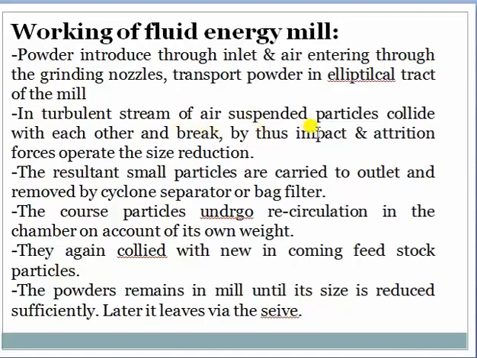Thus, impact and attrition force operate the size reduction. The resultant small particles are carried out to the outlet and removed by cyclone separator or a bag filter. The coarse particles undergo recirculation in the chamber on account of their own weight. They again collide with new incoming feedstock particles. The powder remains in the mill until its size is reduced sufficiently. Later it leaves via the outlet.